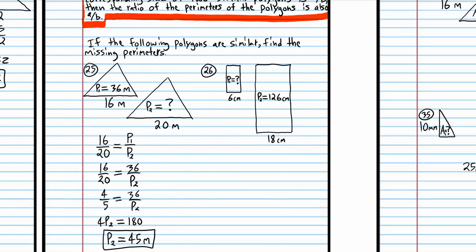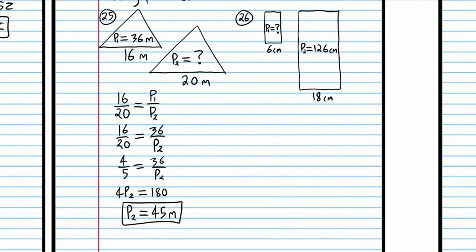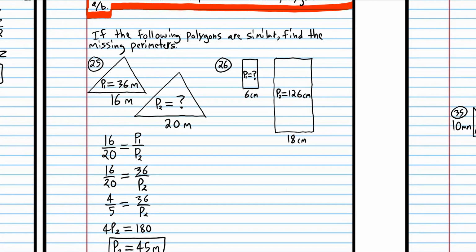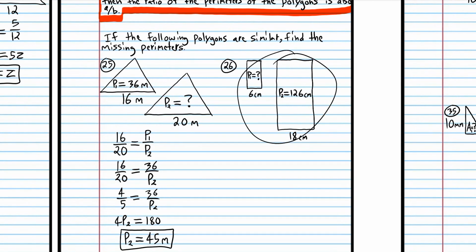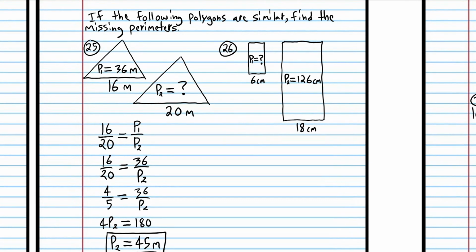So we'll do, let's see here. We'll do a couple more of these before you try one on your own. So we're assuming that these rectangles are similar, and if they are similar, then the ratio of corresponding sides, 6 over 18.